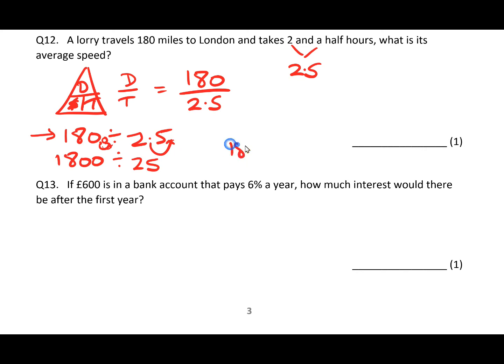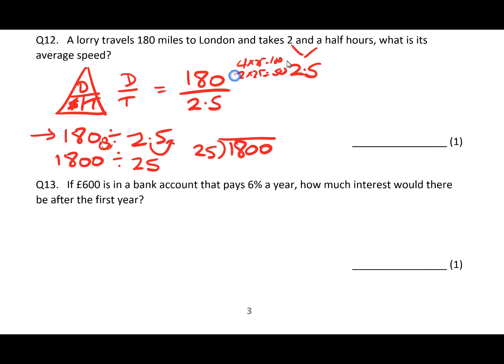So we have 1,800 and we divide it by 25. So it's a bit of long division. We know that 4 25s are 100. We know 2 25s are 50. So 25 doesn't go into 18. So we need to see how many times 25 goes into 180.